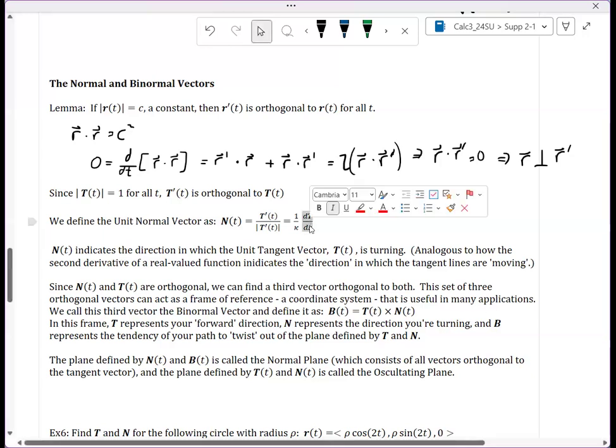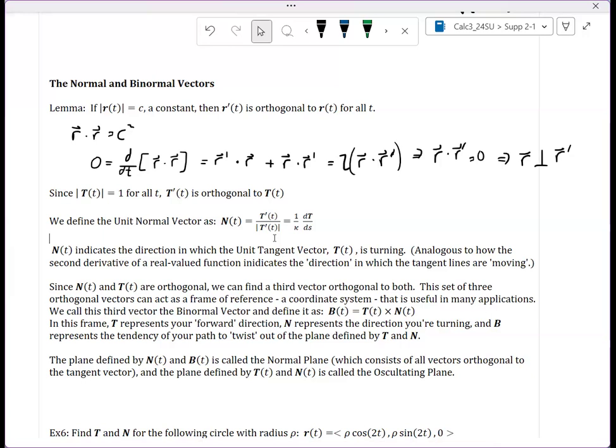Or in other words, it's the rate of change of the tangent vector with respect to the arc length. Okay, so that is our definition for our unit normal vector.